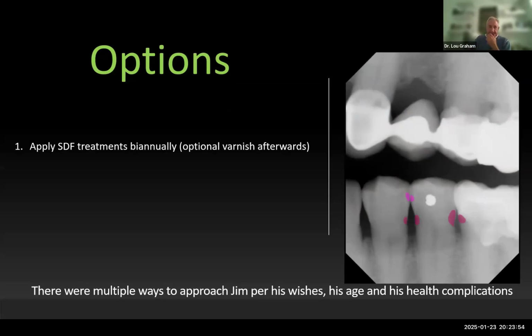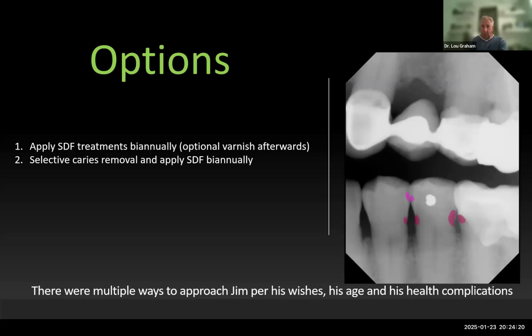So what are your options? You can just apply silver diamine fluoride biannually every time he comes in. And if you want to put varnish over, just do it. And it's one treatment option. Second treatment option is go in there with that Cerebur, take out the caries, just selectively take out the caries.